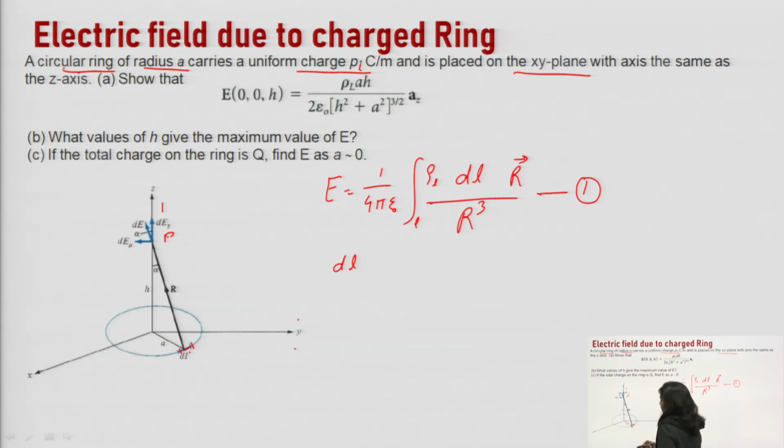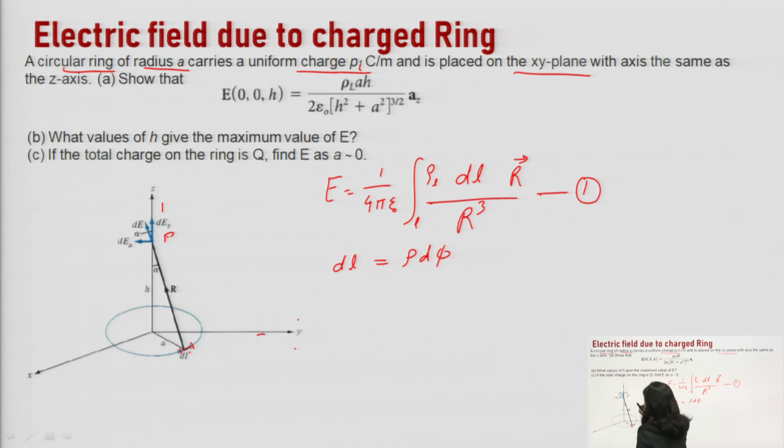This dl is on the arc. So, here our dl will be equal to rho d phi, because the length is an elementary differential part, that is why we have taken the arc also as a differential part.